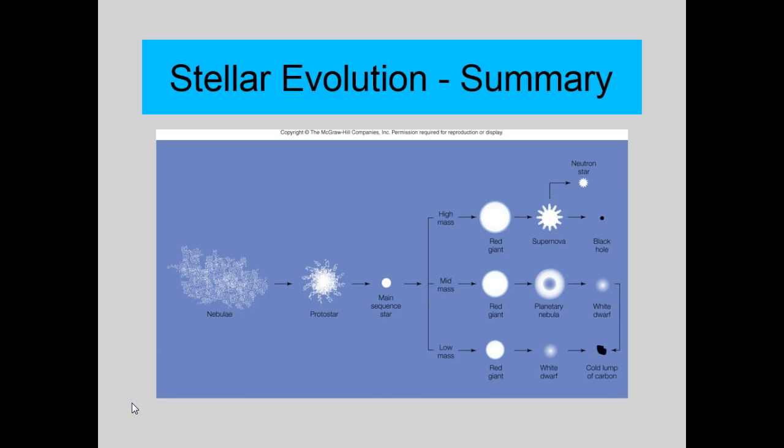All right, then the high mass stars. They become massive red giants. And then they collapse and start fusing carbon to iron. When they've used all that up, the explosion is really massive, much bigger than a planetary nebula: a supernova.